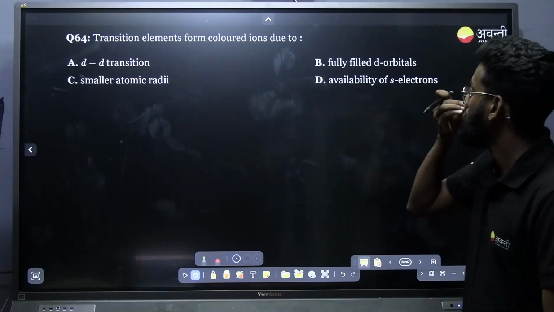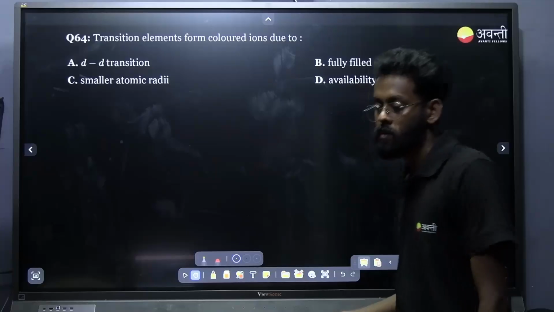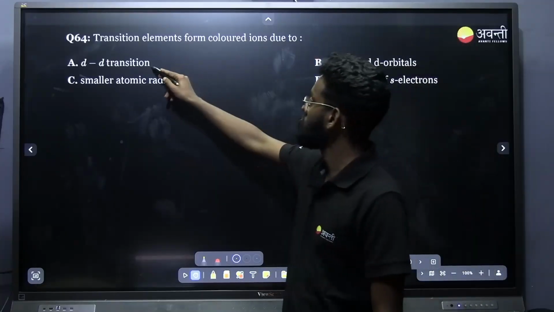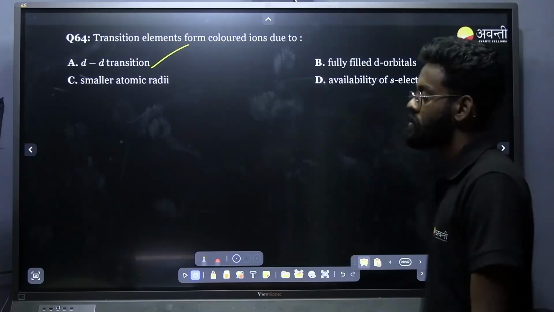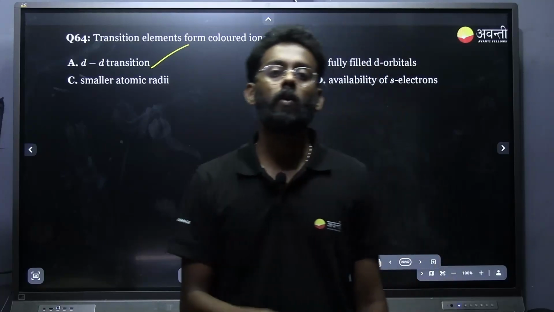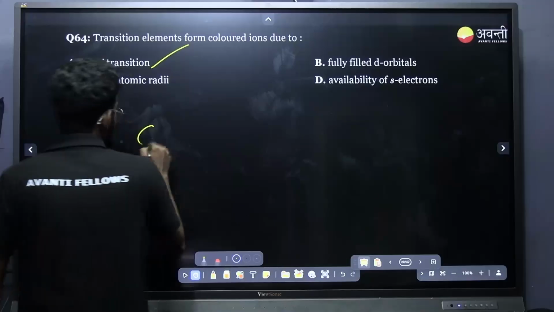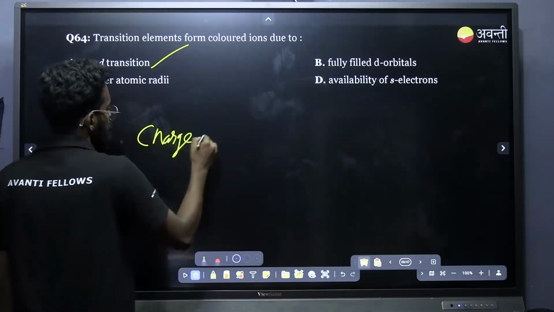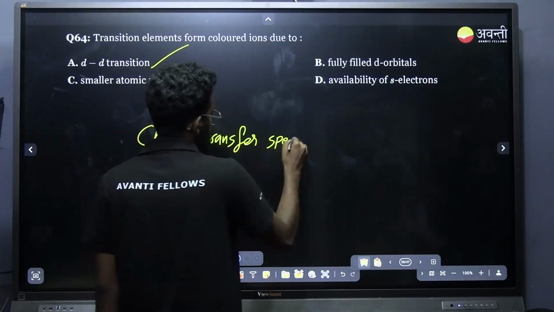Transition elements form colored ions due to what reason? What is the reason why transition elements can form colored ions? The reason, as we all know, is d-d transition. There are transition element compounds which show color even though there are no d electrons. What is the reason? Charge transfer spectra.